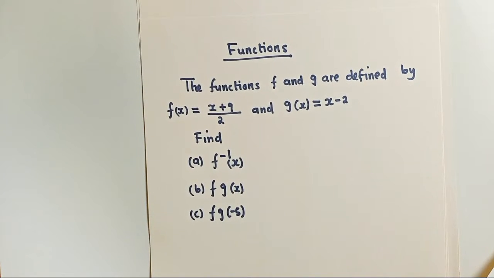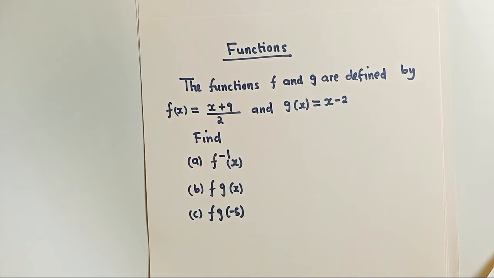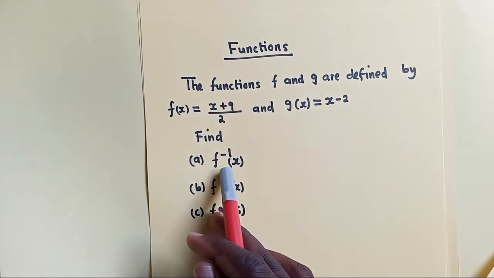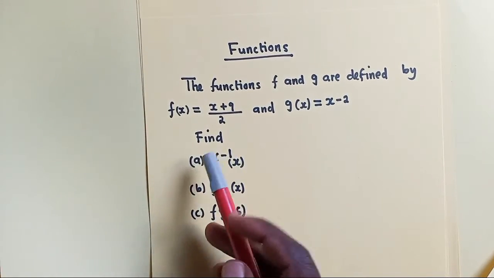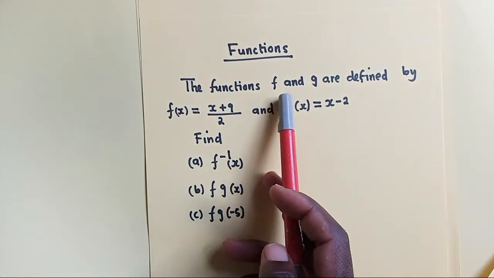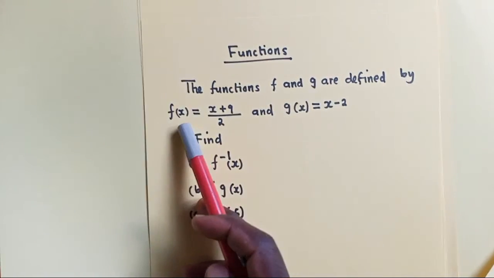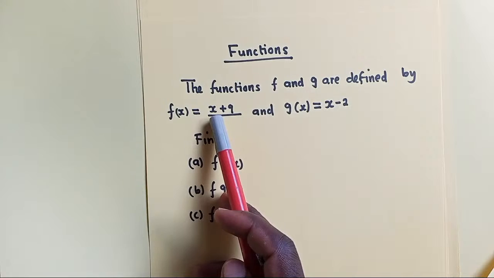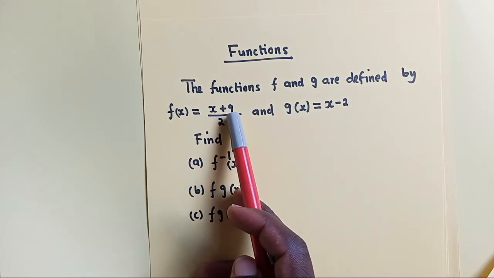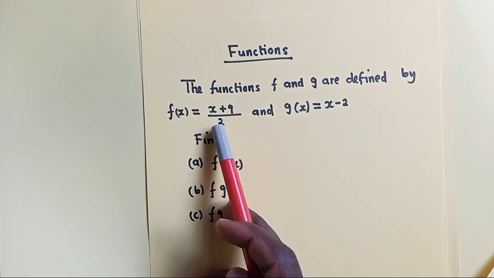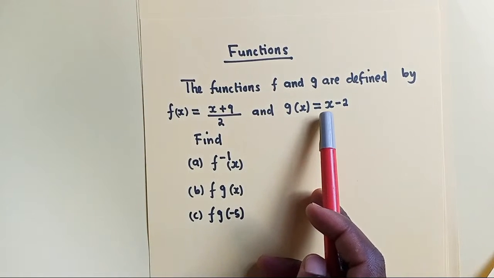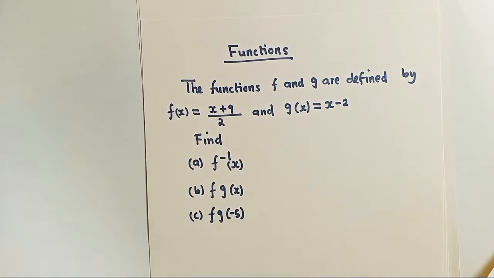All right. The first question here, they want us to find f of x inverse. They have given us the functions f and g defined by f of x is equal to x plus 9 over 2, and g of x is equal to x minus 2.